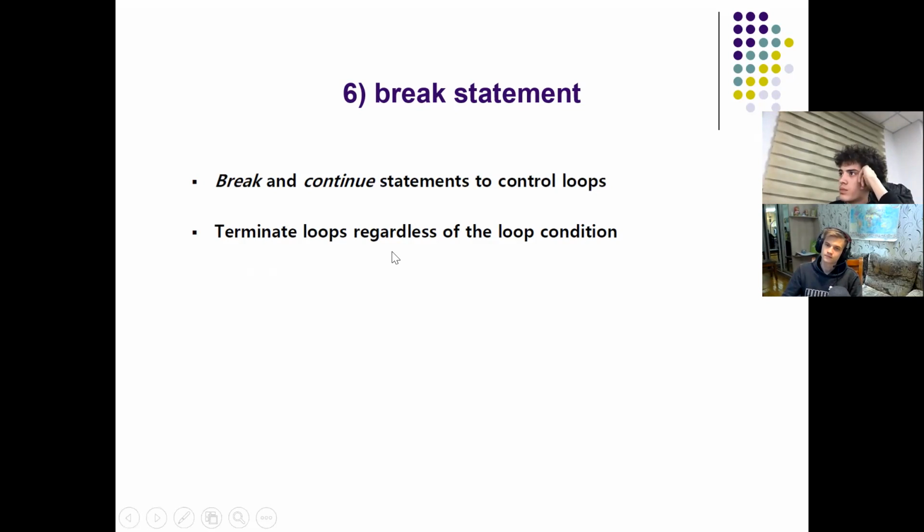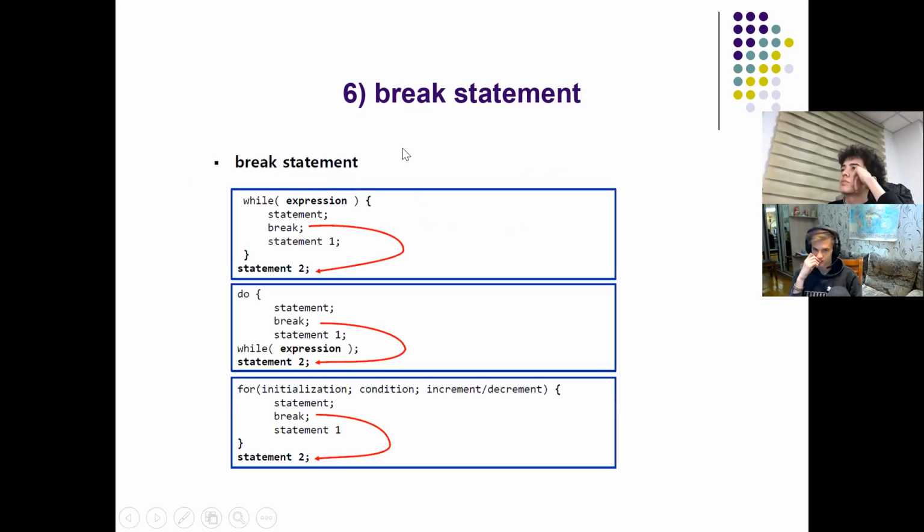So what is a break statement? A break statement is used to terminate a loop whenever you want. For example, in a while loop, you have a condition. Say you are using an infinite loop, and you make one more condition. If the condition matches, you want to terminate your loop.